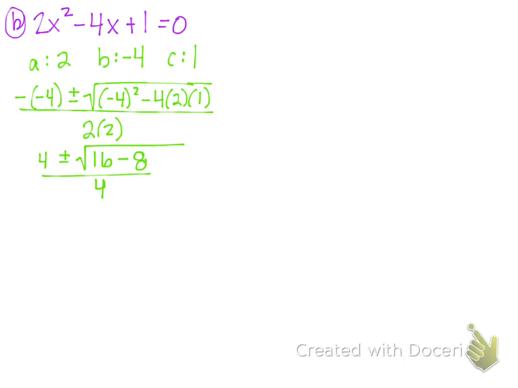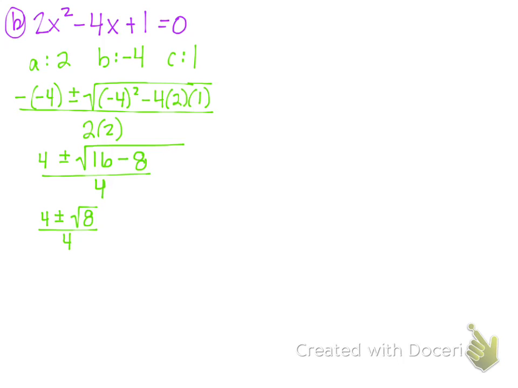So let's go ahead and take care of 16 minus 8. So we have 4 plus or minus the square root of 8 over 4. Now at that point, we don't know what the square root of 8 is, but that's okay. We're going to be able to leave our solutions as decimals for the time being.